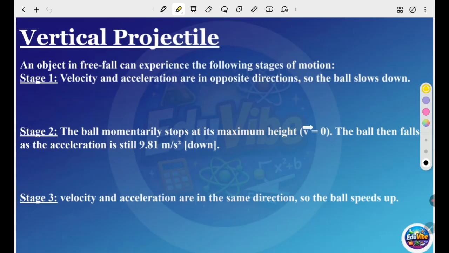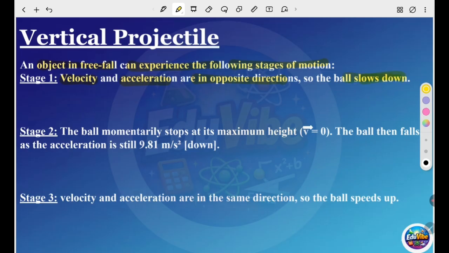There are three stages of vertical projectile motion in free fall, and we will discuss them one by one. The first stage: velocity and acceleration are in opposite directions, so the ball slows down.